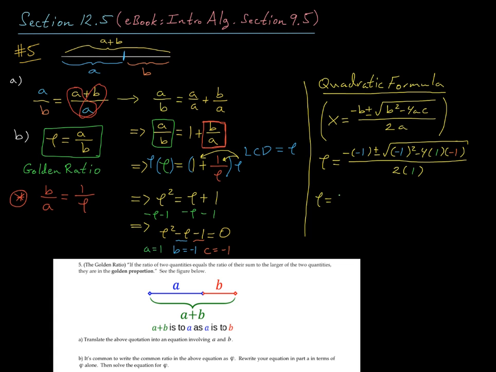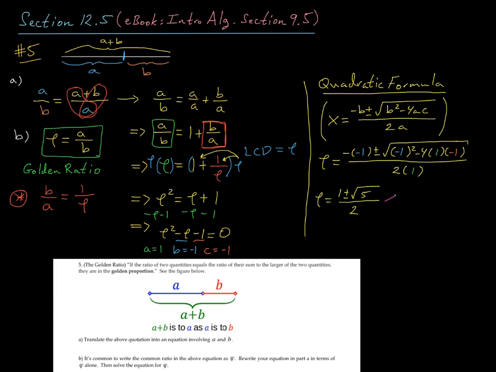The opposite of negative 1 is 1, plus or minus the square root of, and inside I have negative 1 squared, that's a 1, and then minus 4 times 1 times negative 1, that's a plus 4, because a negative times a negative. All together it's 1 and 4, that's 5. And in the denominator I have 2 times 1, so that's 2.